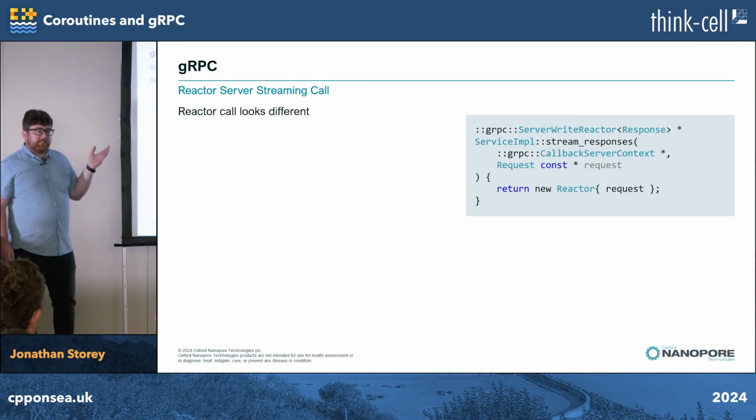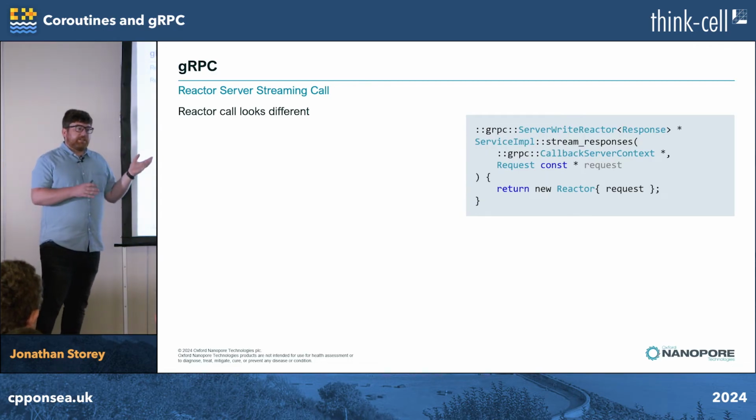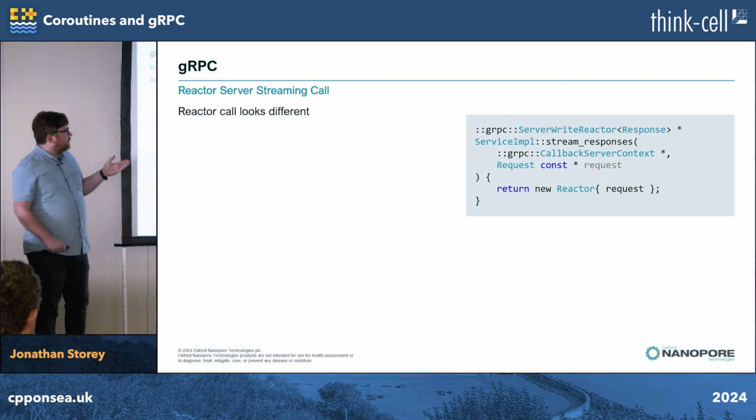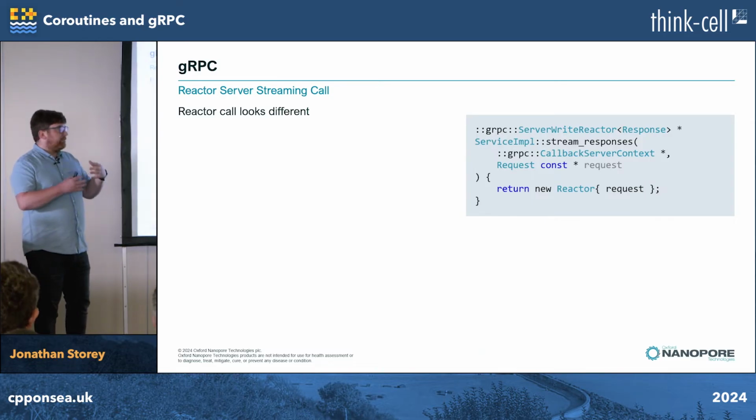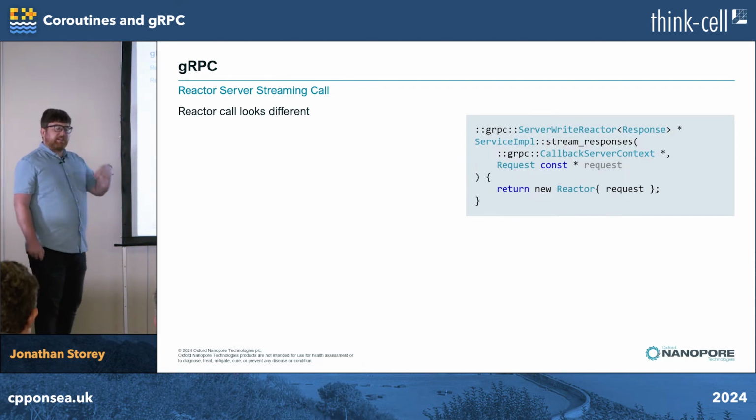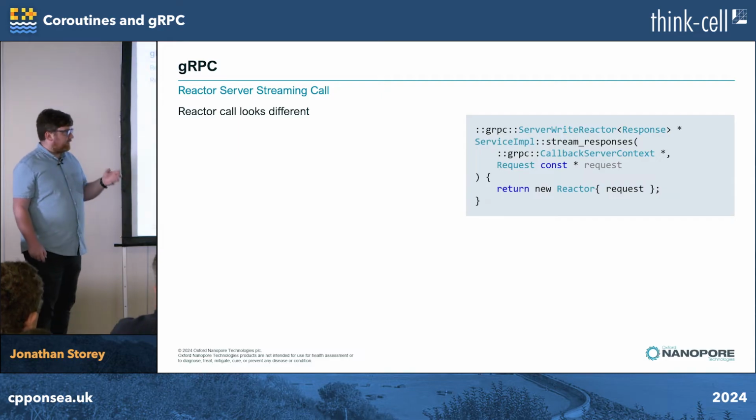Let's look at the reactor call now. So we said the reactor call is based around callbacks. And so what we do is we make this new reactor, and we return it to the gRPC layer. And then the gRPC layer calls callbacks on us, and we can call functions on the reactor base class, this server write reactor, to kick off asynchronous operations, and then the callback gets called when the asynchronous operation completes.